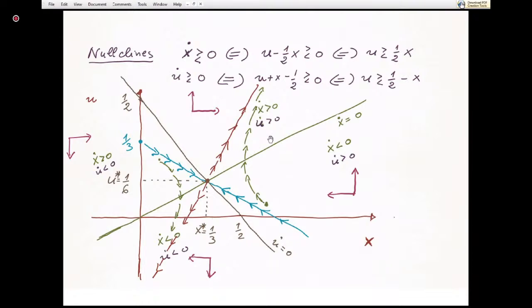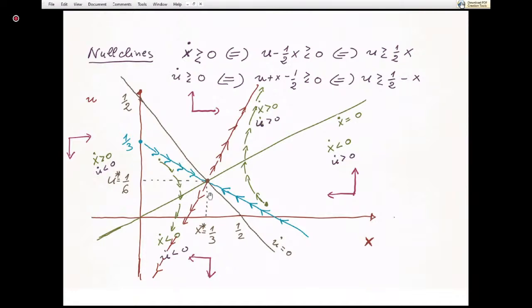We can do the same for the other nullcline, u dot equal to 0, which is u equal to 1/2 minus x, which is this one. They are just simple inequalities in the plane. On the one side, u dot is negative, on the other side, u dot is positive.